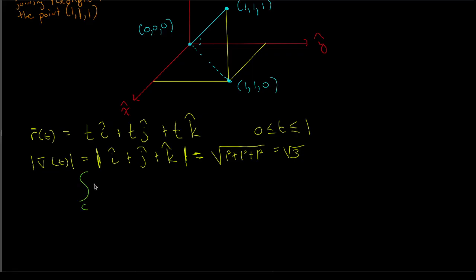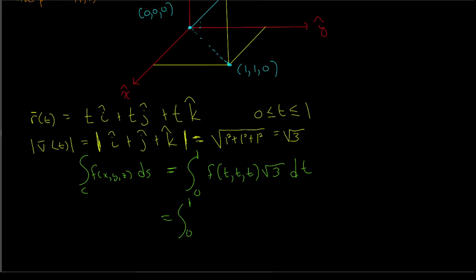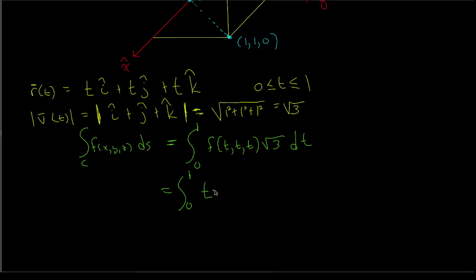So what we can do then is integrate over our curve C, our f of x, y, and z ds, which is equivalent to going from 0 to 1 in t of our function of t times root 3 dt, which is integrating from 0 to 1 of, well, now we have to put t into our function x minus 3y squared plus z, so it's t minus 3t squared plus t, times root 3 dt, or we'll bring the root 3 out.